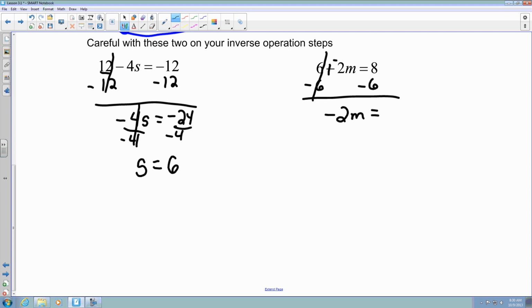Equals 8 minus 6, which gives us 2. And I'm going to use the division operation to get our variable by itself on one side of the equal sign. And 2 divided by negative 2 is a negative 1, because a positive divided by a negative will give us a negative value.